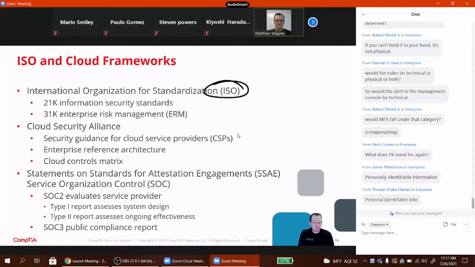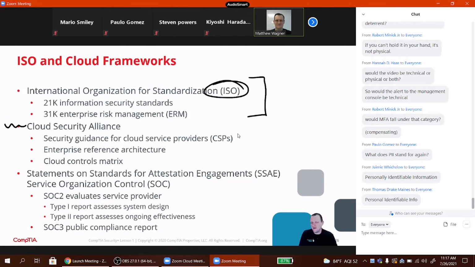All right. Honorable mention here, not really a big point of the test, but you might hear occasionally of CSA, the Cloud Security Alliance, and they have lists of controls for how to best protect the cloud. They have their own set of frameworks and guidelines and so forth and so on.